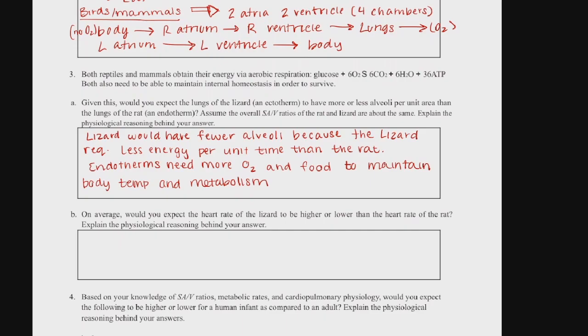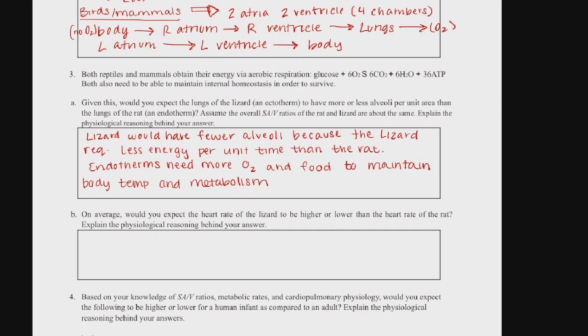On average, would you expect the heart rate of the lizard to be higher or lower than the heart rate of the rat? Explain the physiological reasoning behind your answer. Similarly to above, what we answered in A about having a high body temperature and a higher metabolic rate, and how that needs more oxygen, more delivery of food and blood that holds oxygen.